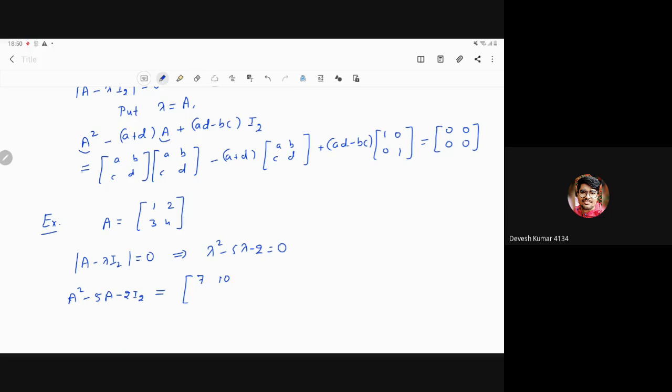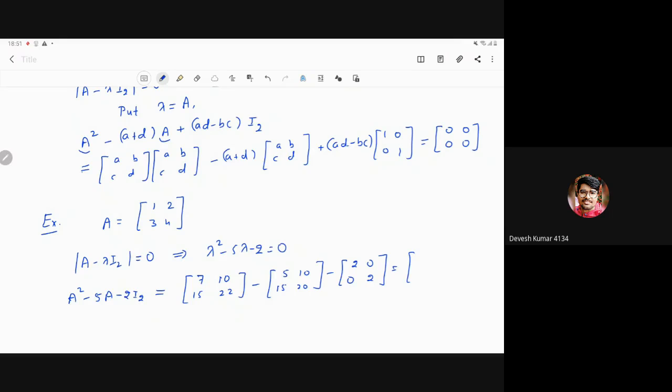Multiplication you will do yourself of the matrices A with A. You will get [7, 10; 15, 22] minus 5A, meaning [5, 10; 15, 20], minus 2I2, meaning [2, 0; 0, 2].